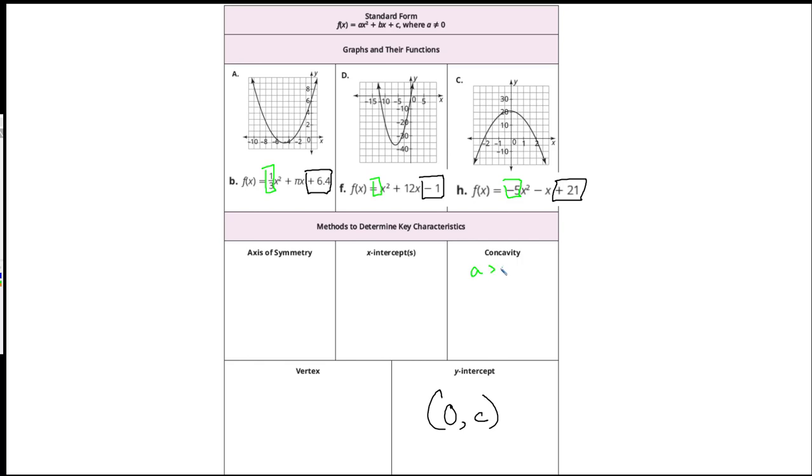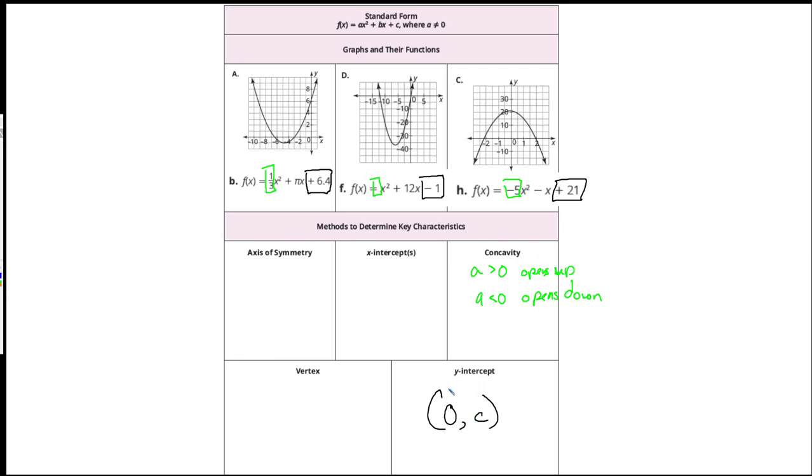If your a is greater than 0, it opens up. If a is less than 0, it opens down. And the same is going to be true as we go through each of these forms all the way through it. Now, let's go through the ones that aren't so straightforward.